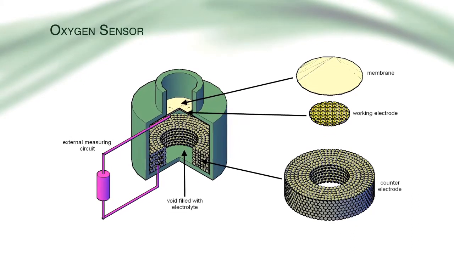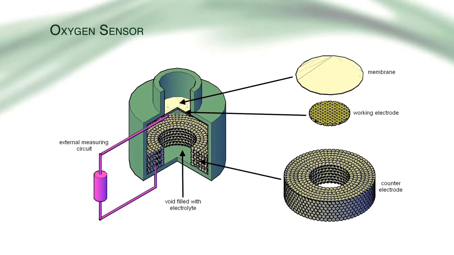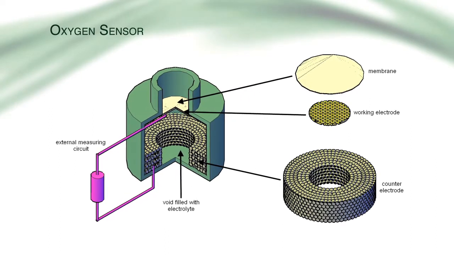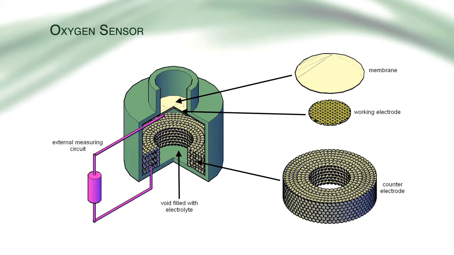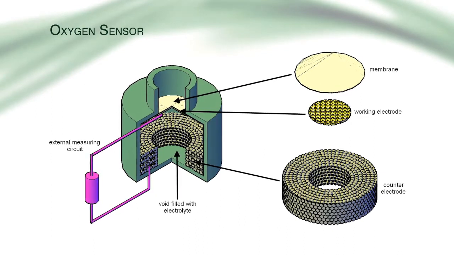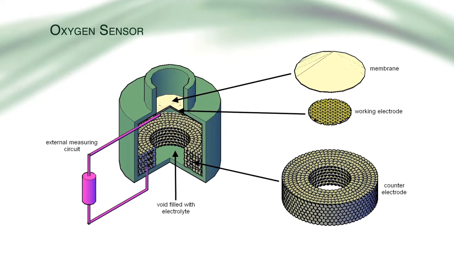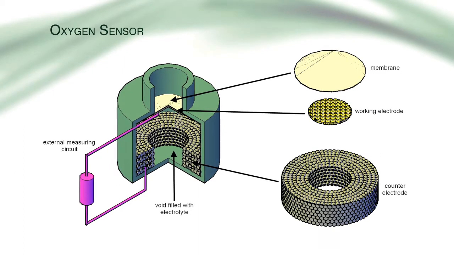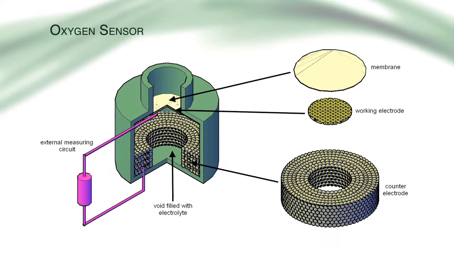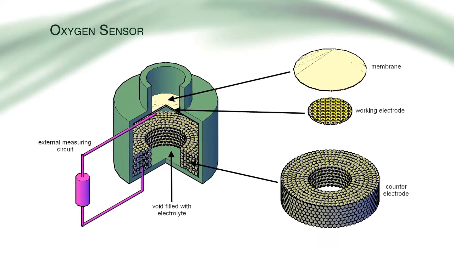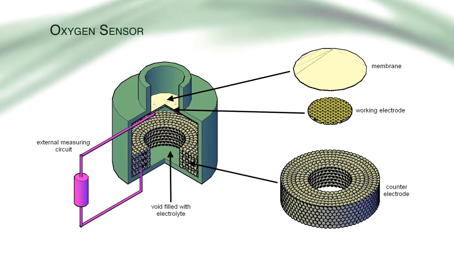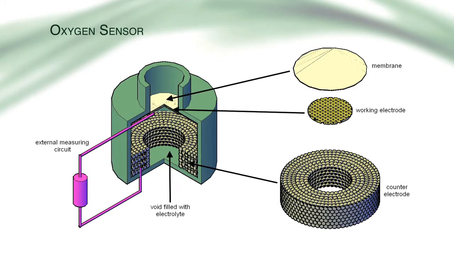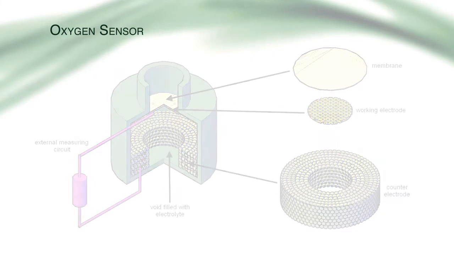Inside, 2 electrodes are immersed in a liquid electrolyte, a noble metal working electrode positioned across the aperture in close proximity to the membrane, and a much larger lead counter-electrode that sits within the body of the cell. An external low-resistance measuring circuit forms an electrical connection between the 2 electrodes.